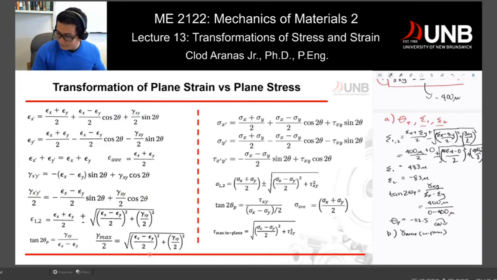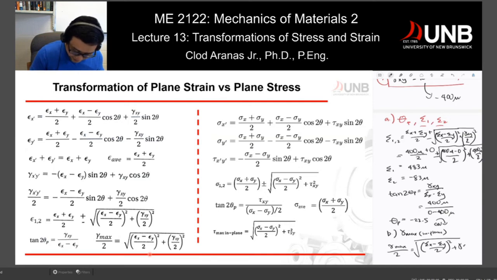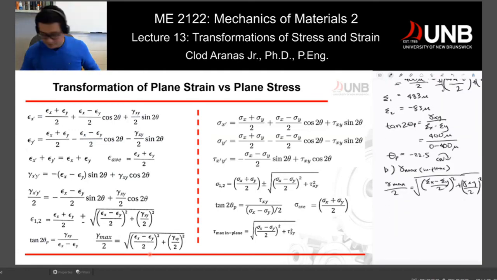Let's write it down. The maximum in plane shear strain divided by 2 is equal to the square root of epsilon x minus epsilon y over 2 squared plus shear strain xy divided by 2 squared. You can still see that. Substituting the numbers, we can do the substitution there.